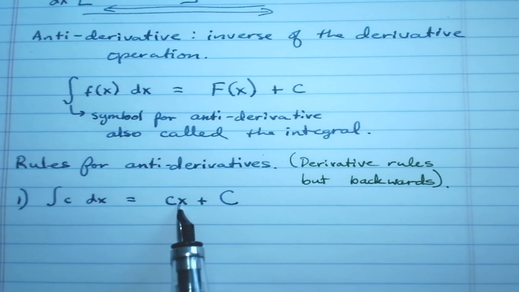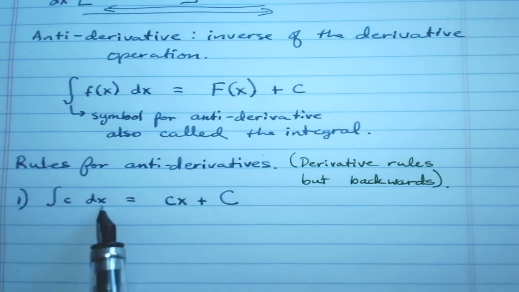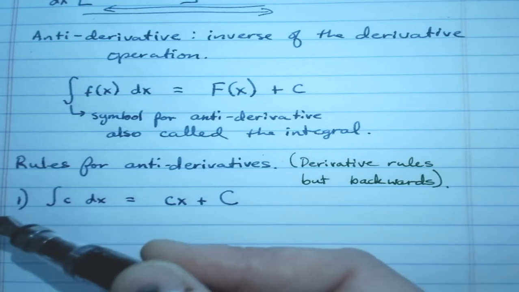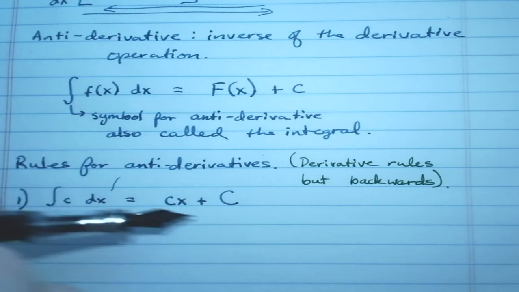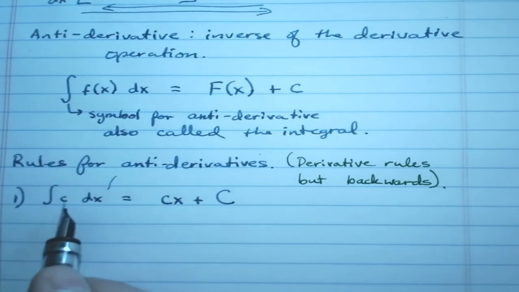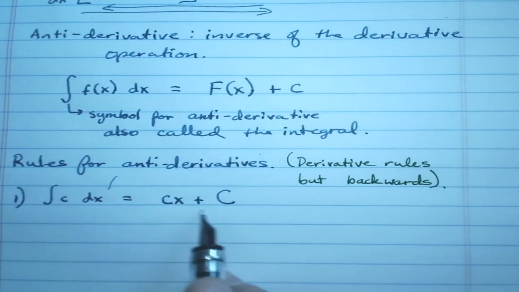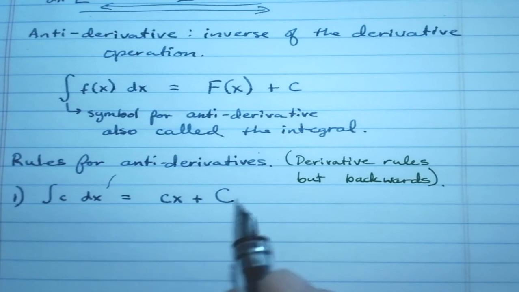Well, the derivative of 5x would be 5, and the derivative of the 8 would be 0. It wouldn't show up. So derivative would be that way, antiderivative would be that way. So the antiderivative of a constant is that constant times x plus some new constant. We'll get into what that plus C means to us in a second.